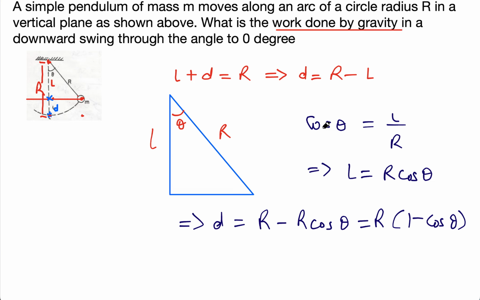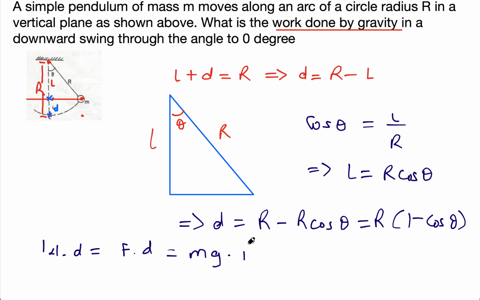After getting this, the next thing is that work done is the product of force and distance. The force responsible here is the force of gravity, which is simply the mass of this body times acceleration due to gravity, multiplied by distance.